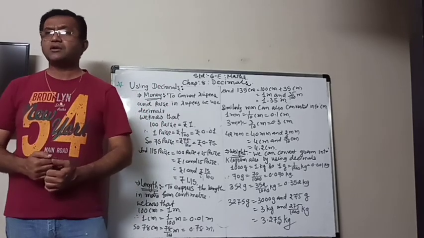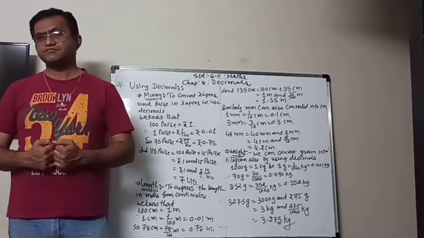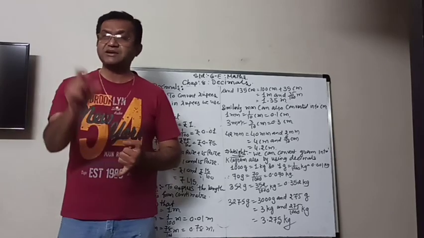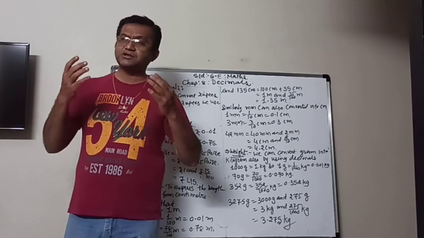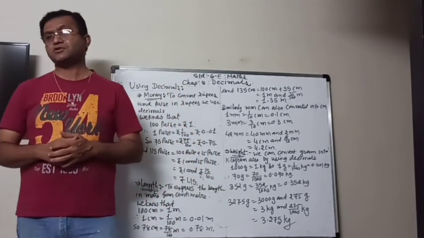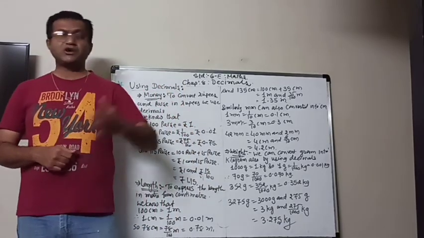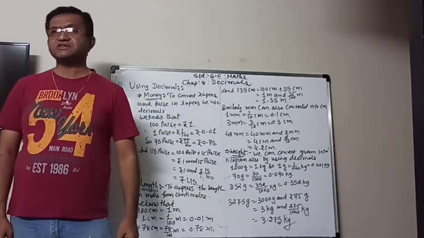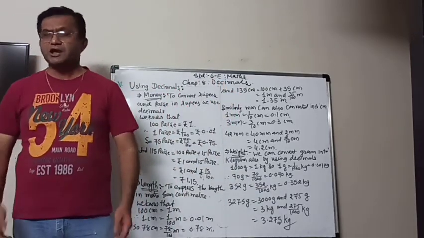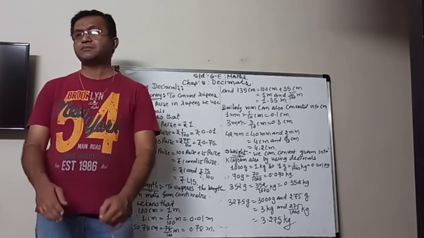Similarly, if you go to smaller units like 1 centimeter, you can get a length less than 1 centimeter also. So if it is between 3 centimeter and 4 centimeter, you can't write it as 3 centimeter or 4 centimeter. You have an exact measurement.